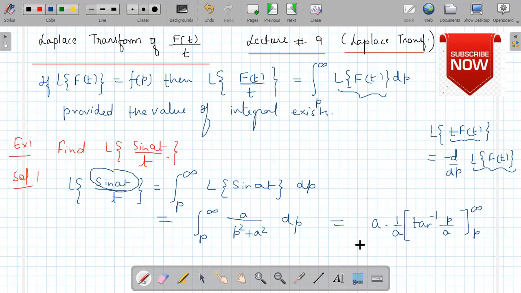Okay. So whenever you have infinity in the form of a limit, you should not put it directly into the expression. You should write it like this: limit p approaches infinity of tan inverse p upon a, minus tan inverse p upon a.